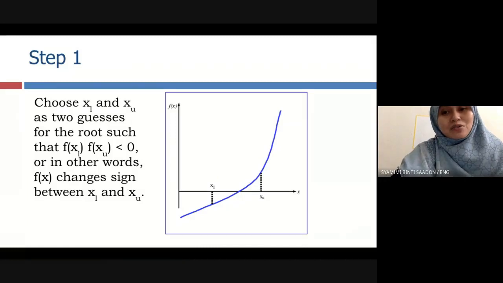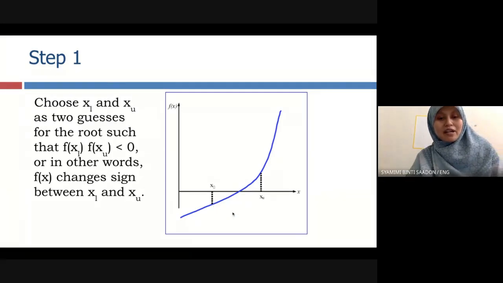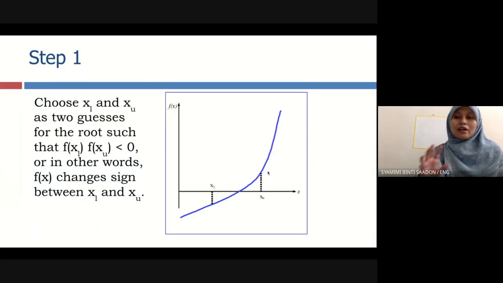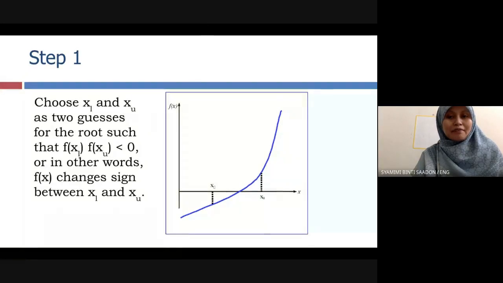So the function of XL and the function of XU, when multiplied, must be negative, which means we have to search for XL and XU where f(XL) and f(XU) are of different sign, negative and positive. That's why f(XL) multiplied by f(XU) is negative.